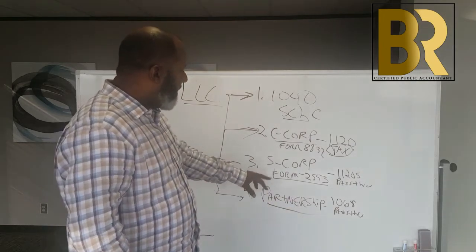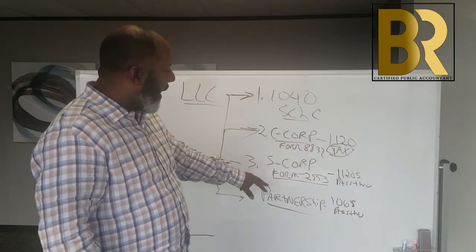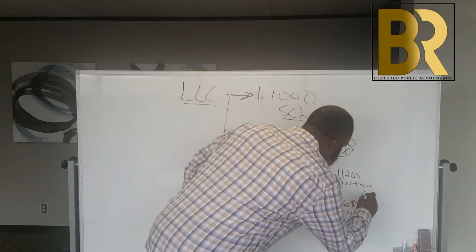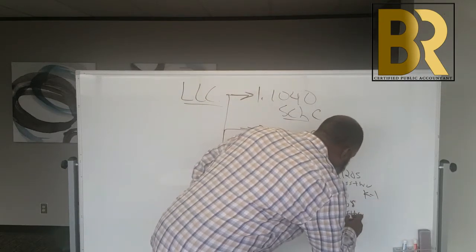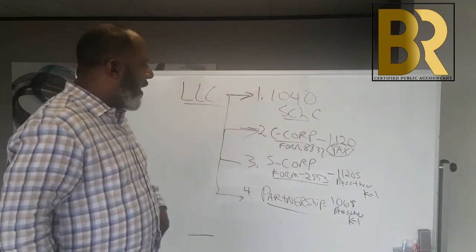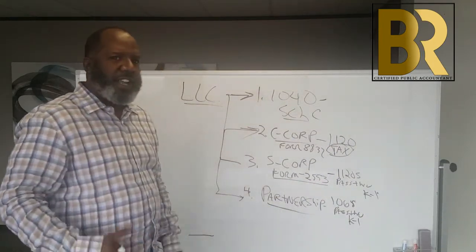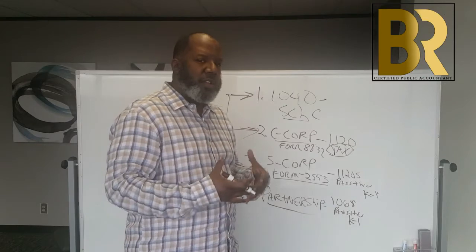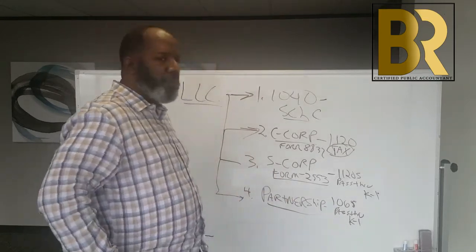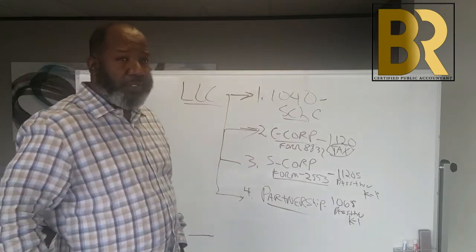These are information returns that get filed, and as a member or a partner, you're going to receive what's called a K1 from each one of these. You take that K1 and you file it with the 1040. That's reported on your personal return, showing your distribution of the income received from the S Corp and from the partnership. And that's basically, in a nutshell, the 4 filings an LLC can use to file a return.